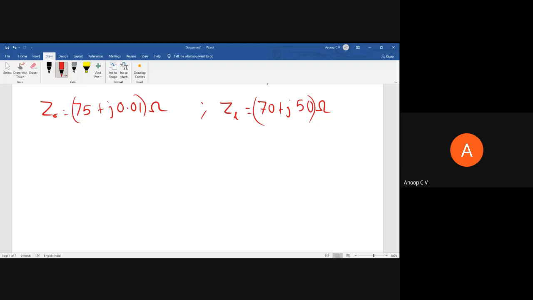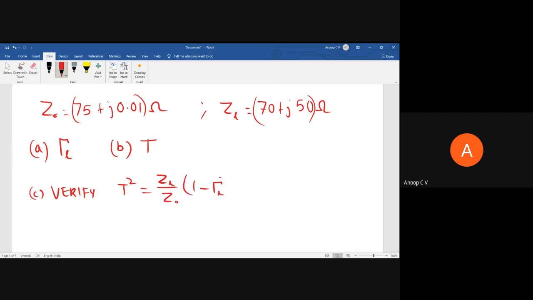Now the question is to compute, A, the reflection coefficient at the load end. B, the transmission coefficient. And C, you should verify the power relation: T square is equal to ZL by Z naught into 1 minus gamma L square.